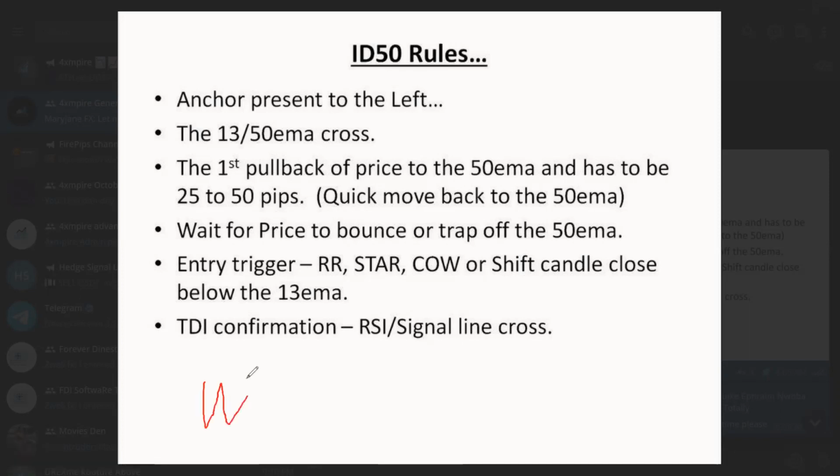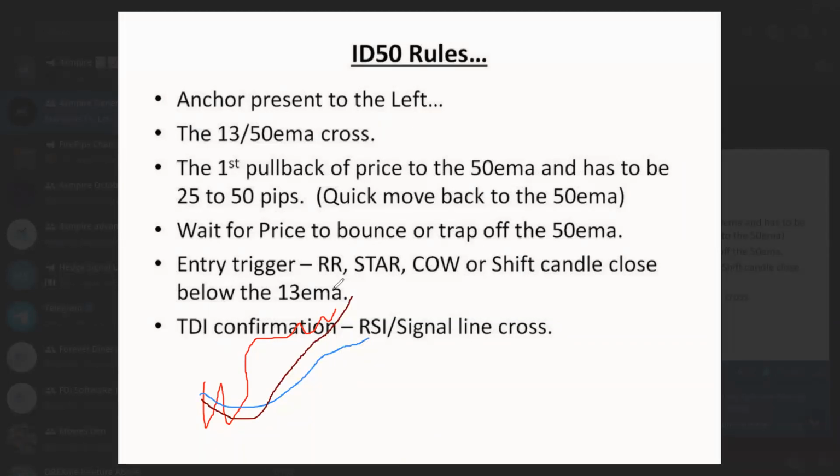You have to wait for price to bounce off the 50 EMA or trap through the 50 EMA. And what does that mean? You have your candlestick pattern going up, going up, going up. Then let's use another color. You have your 50. Then you have your ketchup, because this one always follows price and this one gives gap.